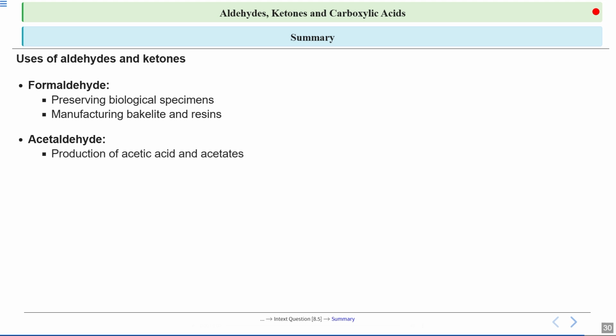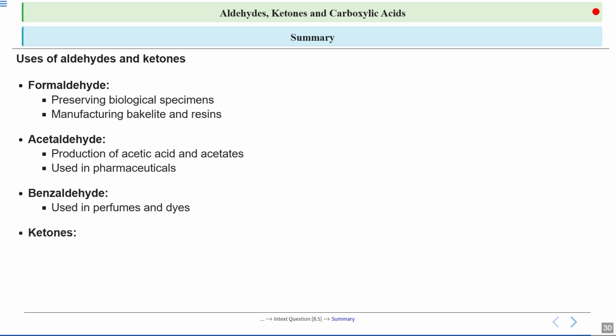It is used in the production of acetic acid and acetates, which are used for making vinegar and various salts. It is also used in pharmaceuticals, playing a role in the synthesis of certain drugs and chemicals. Then we talked about benzaldehyde, which is an aromatic aldehyde. It is used in perfumes and dyes because it has a pleasant almond-like aroma.